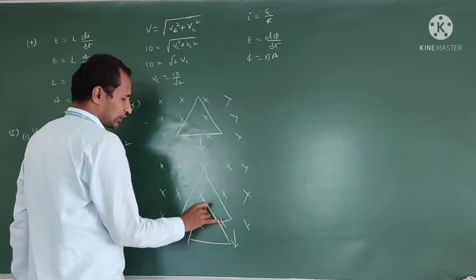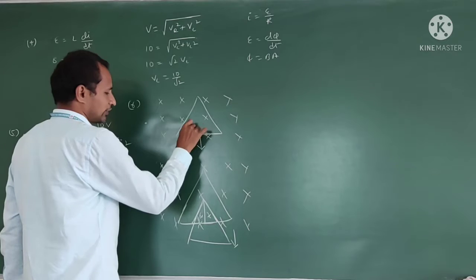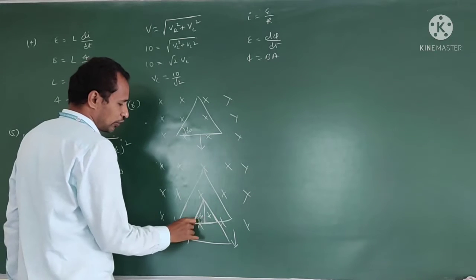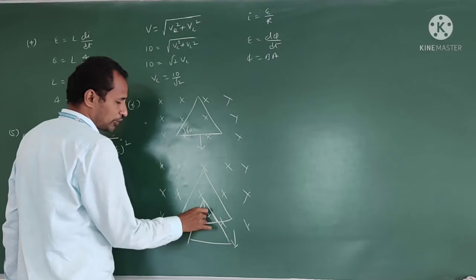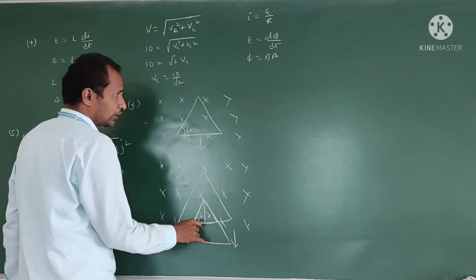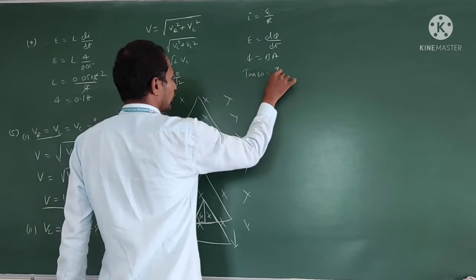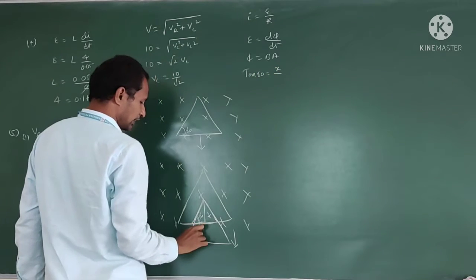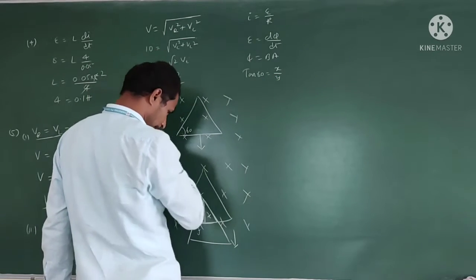So this is x, height is x, this angle is 60 degree because it is the equilateral triangle. Then this length, how do we get? We need the adjacent side, right? Opposite side is x. Adjacent side, you take tan. Tan 60 is equal to x by y, where y is the adjacent side.